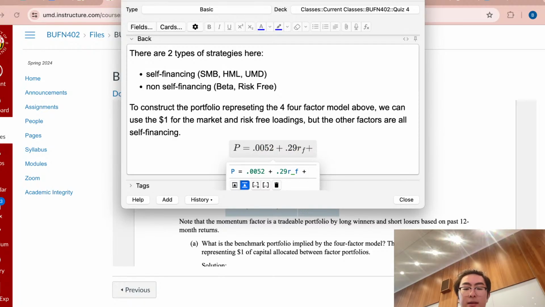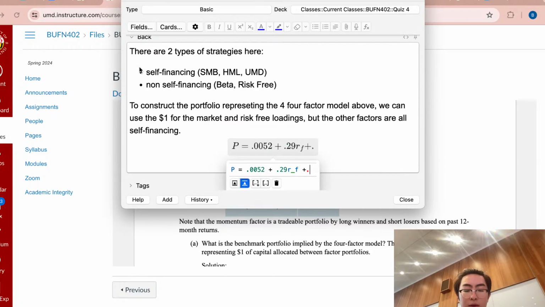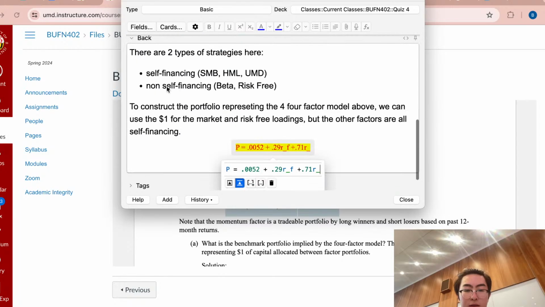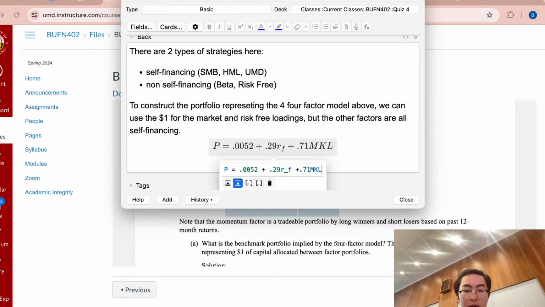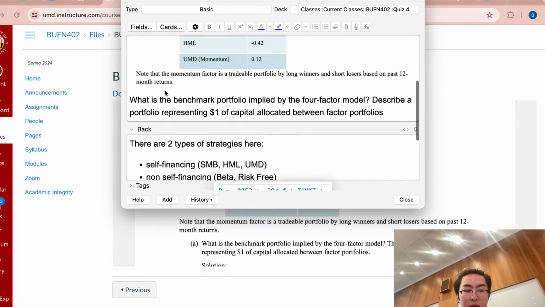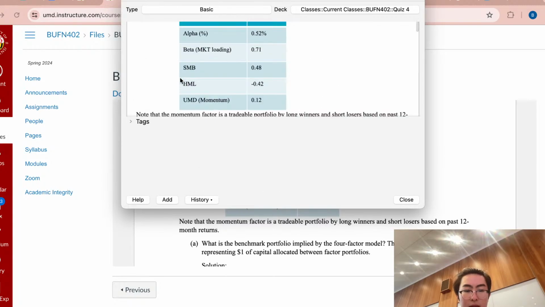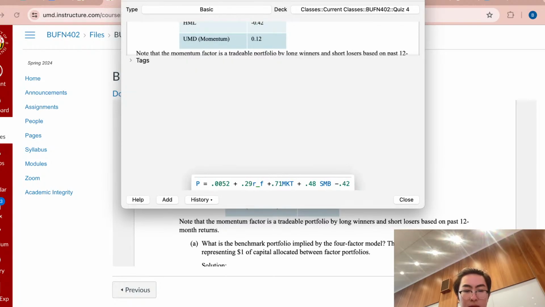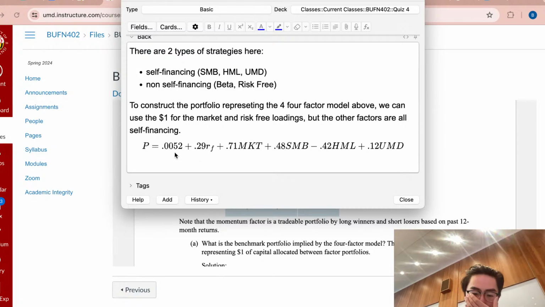And we add 0.71 of the market, so call this the MKT, plus 0.48 SMB plus minus 0.42 HML plus 0.12 UMD. Okay, I think this is probably the returns here.